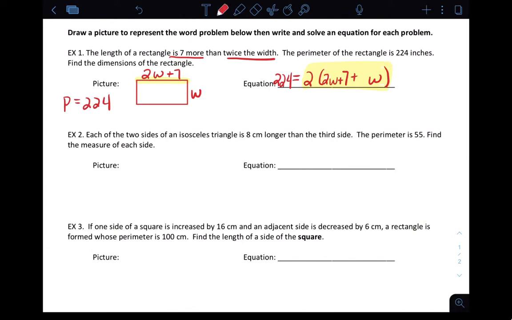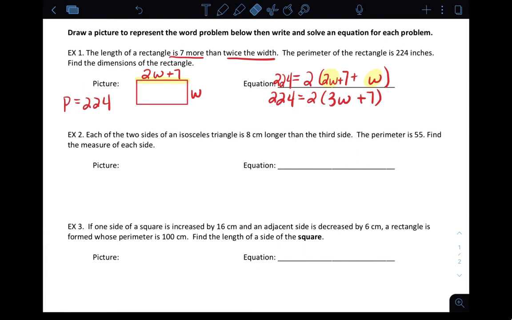So for me, let me go ahead and write 224 down. Inside of my parentheses, because that's the P in PEMDAS, I see that I have 2W and W, so that's going to make that be 3W, and then plus 7. That 7 cannot combine with the 3 because they are unlike terms. This is a really great equation too that we could write down inside of that box, which is acceptable.